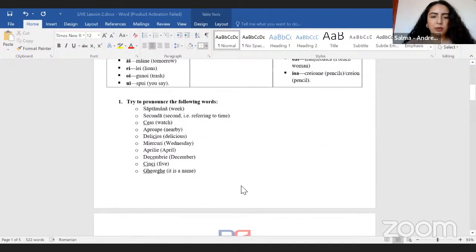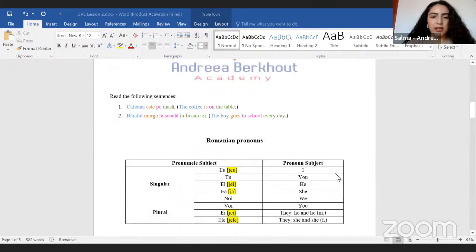After that we will try to pronounce some words. Then in this colorful part, we are going to see the exact correlation between Romanian and English. In this way, you will have a better understanding of how Romanian actually works on a syntax level. Even if we are not going to go through that many details right now, this is just for you to have a better understanding of the language from the get-go.